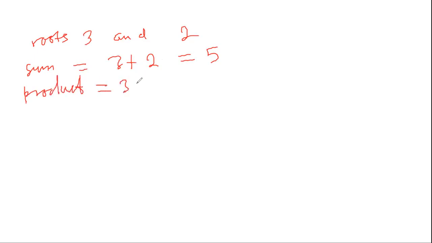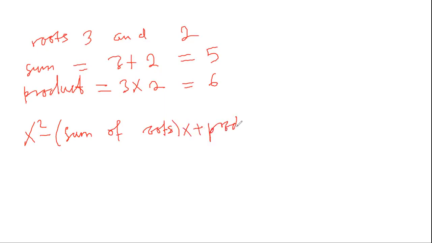This will be 3 times 2 equaling 6, and then we would substitute in the formula: x squared minus sum of roots times x, then plus product of roots, is equal to 0.